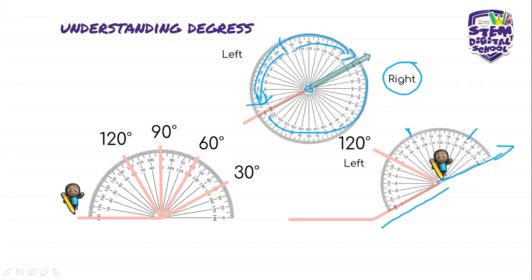So we have to keep that in our minds when we work with angles. Because sometimes we want to think, okay, there's the 90 degrees, everything on the left-hand side of 90 degrees is left, and everything on this side is right.